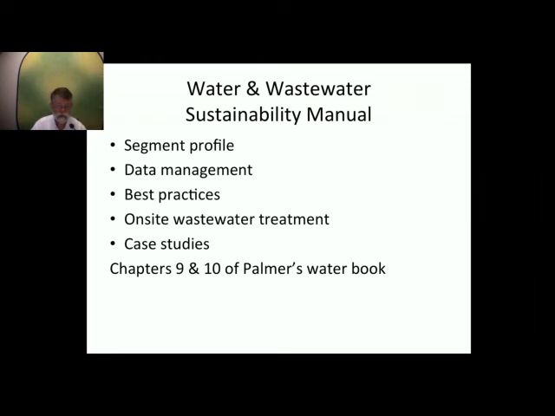And then there are case studies, so you'll see a number of the craft breweries associated with the Brewers Association talking about what they're doing in this particular area. So please look at this wastewater sustainability manual online. Some of these areas are also covered in chapters 9 and 10 of Palmer's water book. I won't be talking any more about those, but this information is something that you need to know and understand, and there'll be exam questions regarding this manual.